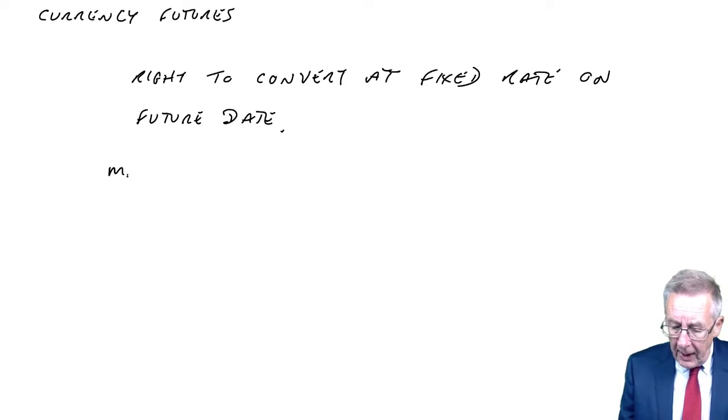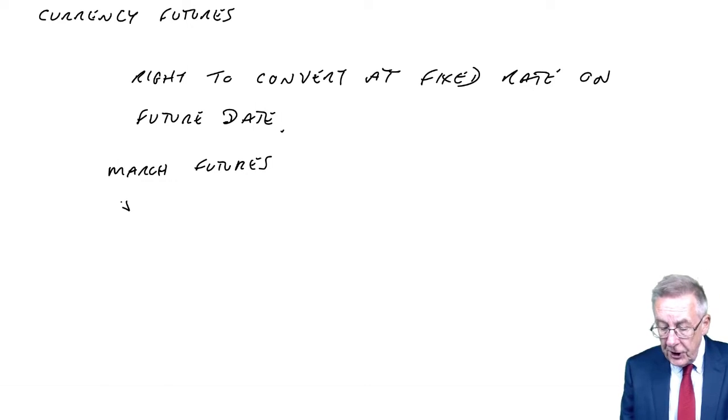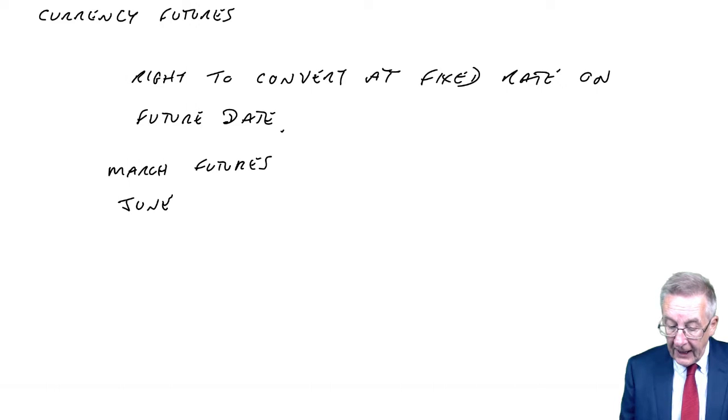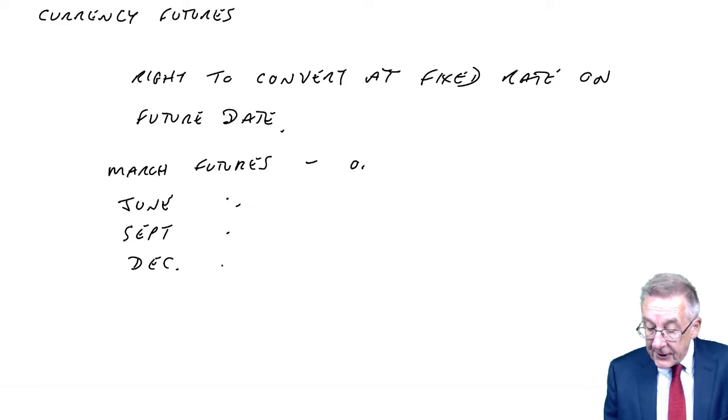We have what we call March futures. It's the quarter days, so March, June, September and December. A March future is the right to convert on the last day of March.